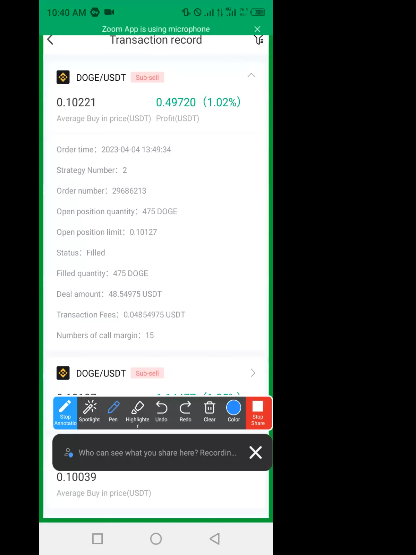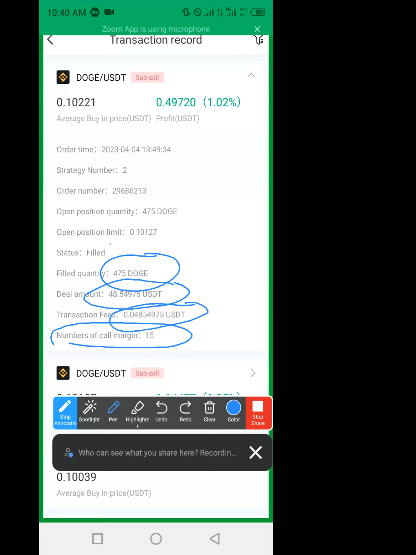It was a 15th margin call, the transaction fee, the amount of money that the robot took, and then the deal amount, the amount of money that it fetched, the buying money, and the profit that it made, because it made 0.49. It is added here. The quantity of doji, which was filled, and then the status, it means it is filled, that transaction was done successfully.